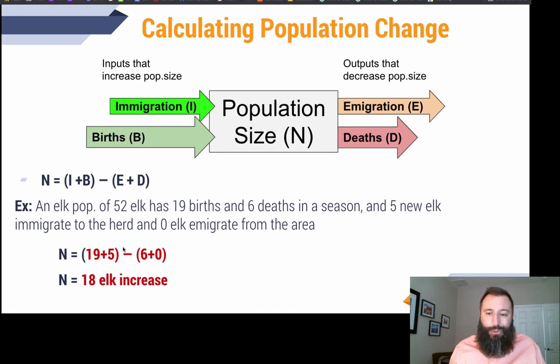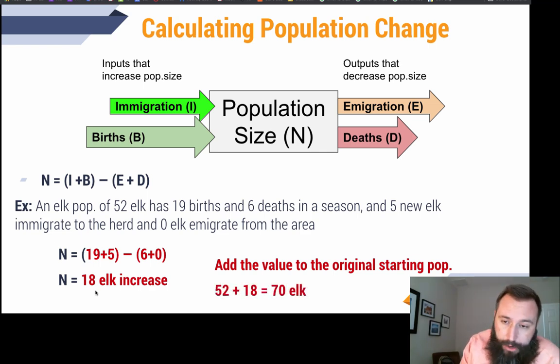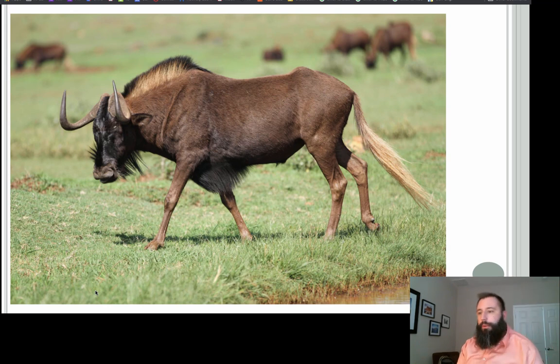N is equal to 18 elk. It's a positive number, and so we're increasing the population. Now remember, we had a beginning population size of 52 elk, and so we'll have to add that 52 elk to the 18 total extra that we'll have for this specific year, and we'll get a total of 70 elk. There you go.